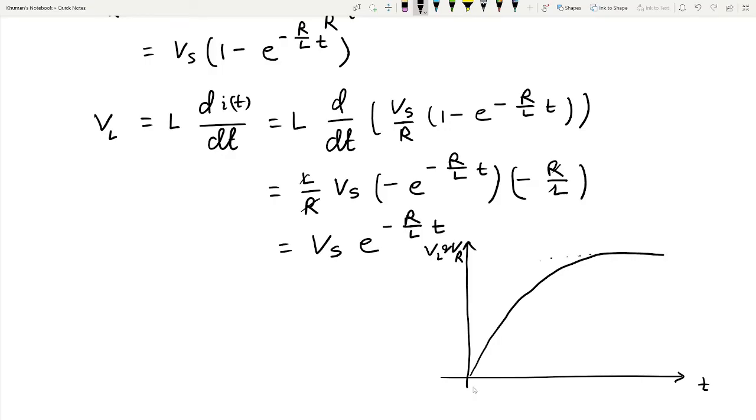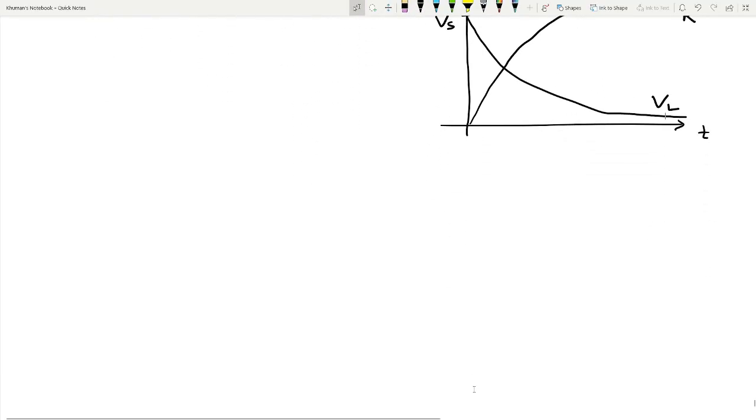This value is Vs, and here we can see that this is the plot of VR, and this is the plot of VL.